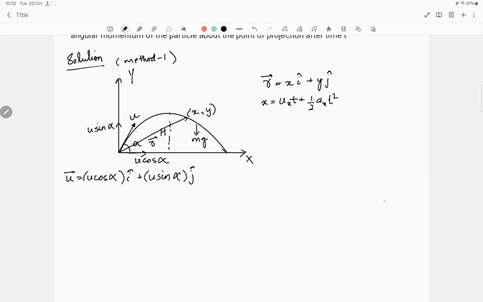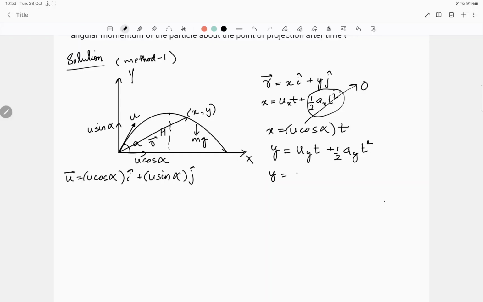The second term is 0 since there is no acceleration along the x direction. So ux means u cos alpha, right? x is equal to u cos alpha into t, and y is equal to the similar formula, uy t plus half ay t square.